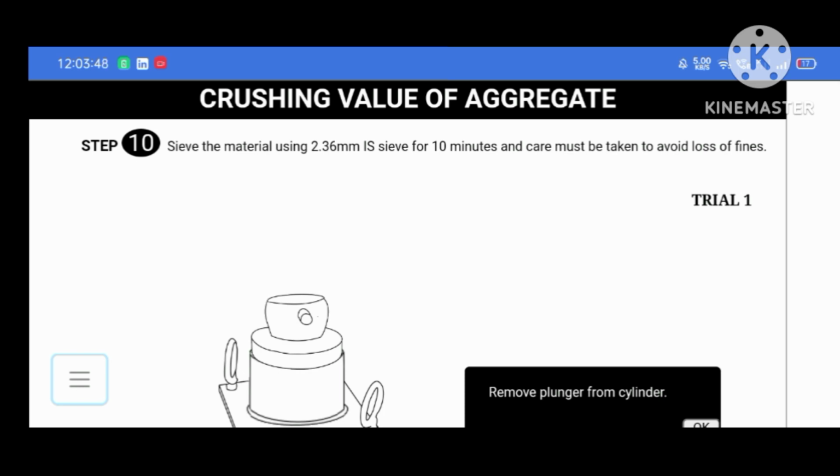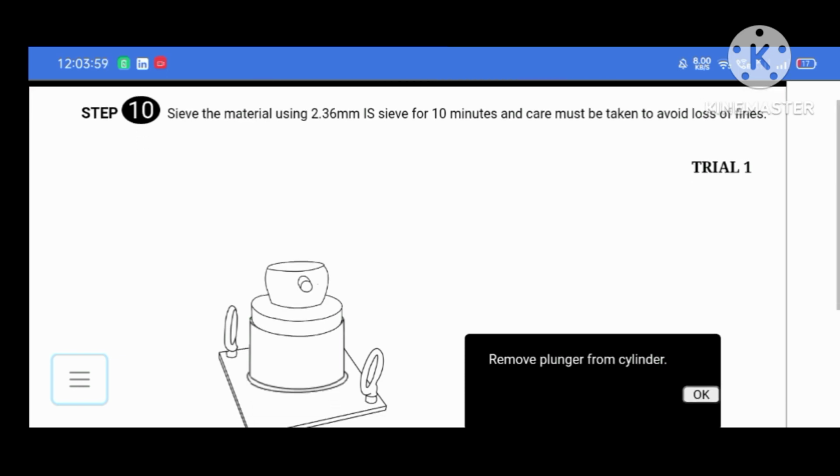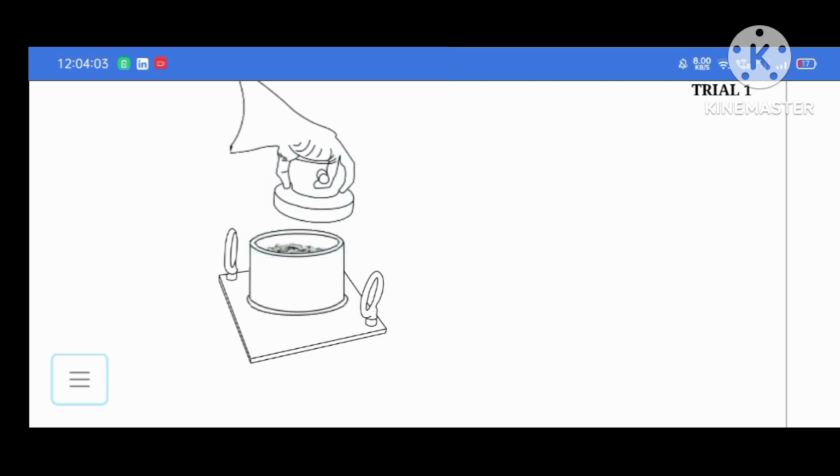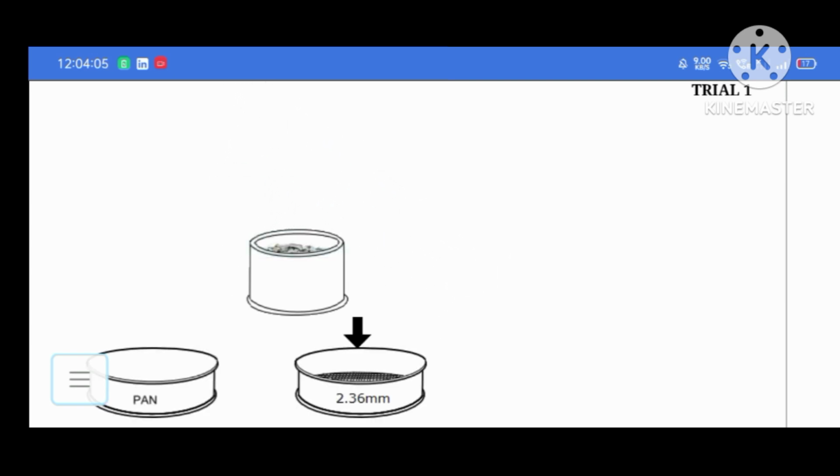In the 10th step, sieve the material using a 2.36 mm sieve for 10 minutes, and care must be taken to avoid loss of fines. Plunger removed, cylinder removed.